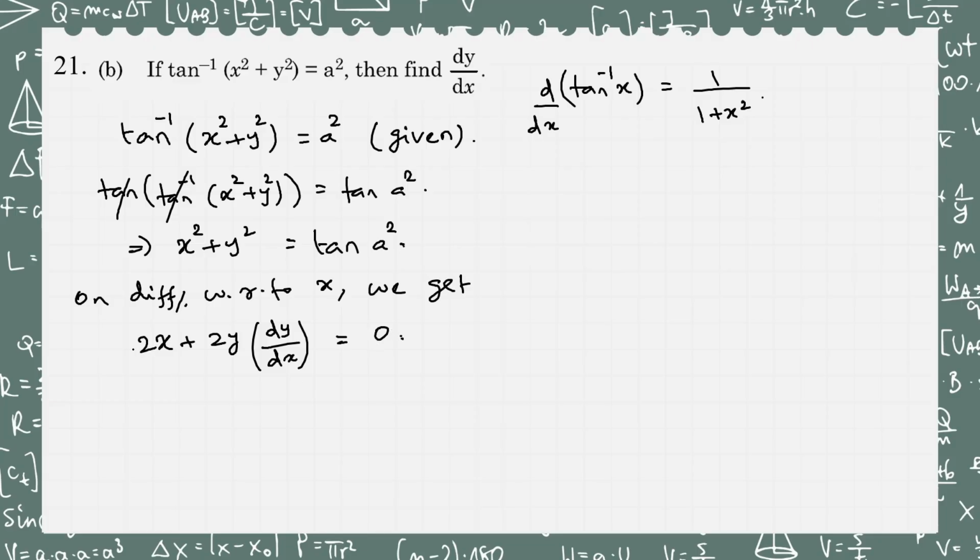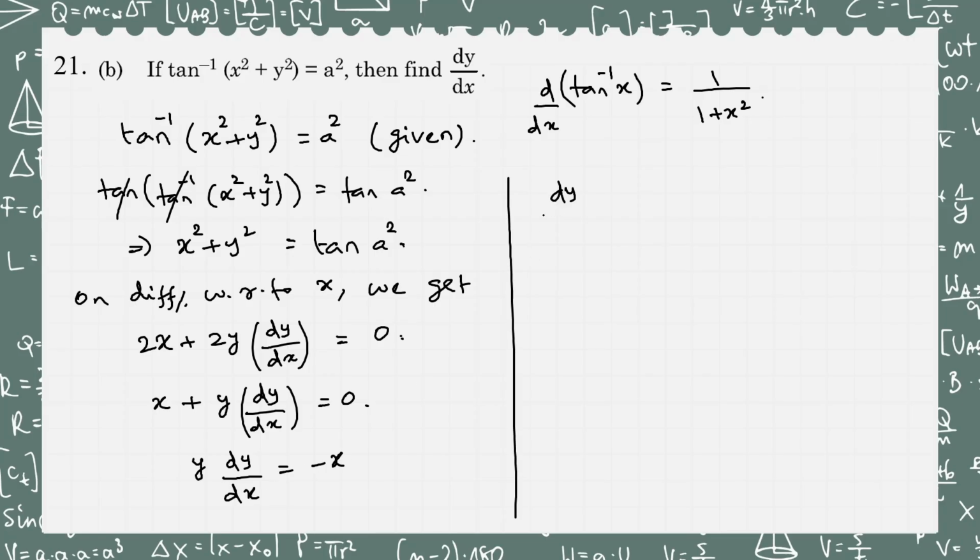And when we divide both sides by 2, we get x plus y times dy by dx equal to 0 by 2, which is also 0. So y times dy by dx equals negative x. So dy by dx equals negative x by y. That is the required answer.